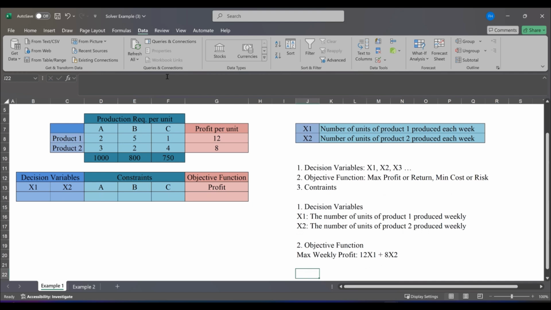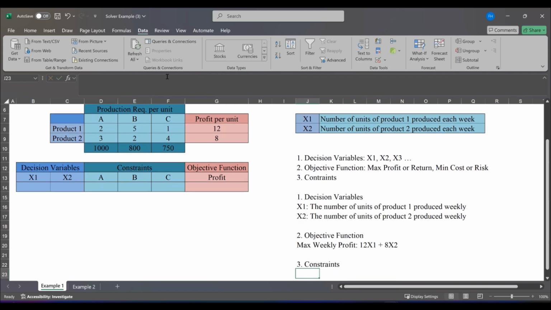Then I'm going to write the constraints. What are my constraints? Regarding the constraints, I have the raw material constraints.